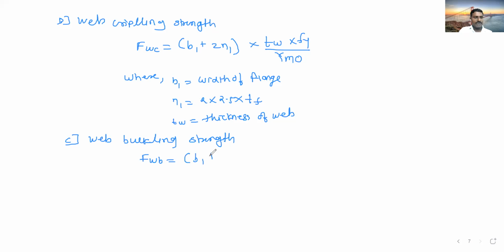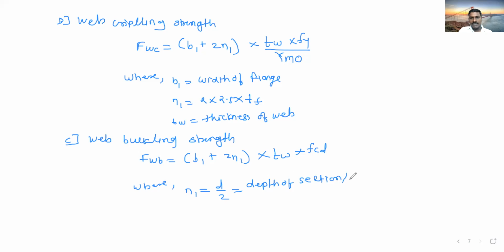FWB is equal to again (B1 plus 2N1) into TW into FCD. Where N1 is equal to D by 2, it means depth of section by 2. So this is N1. B1 we have written above, again the width of flange.